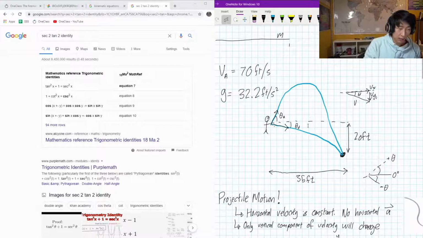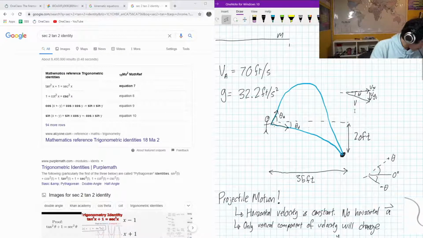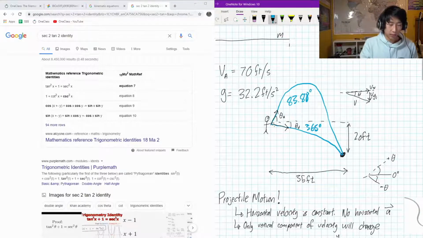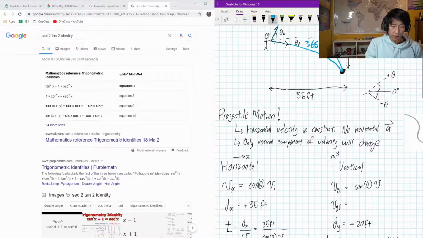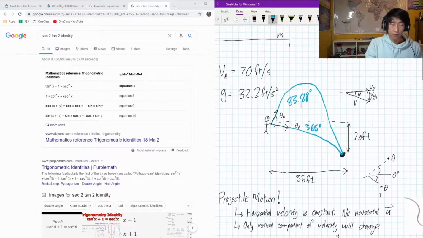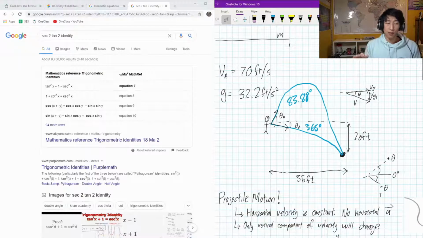So I would say that it is more reasonable to say that the lower angle is going to be 3.65 degrees, and the upper angle here is going to be 83.88 degrees. The signs were a little bit twisted, but sometimes the signs are not going to agree, but the magnitudes are what you should really focus on, because that's what's important here.